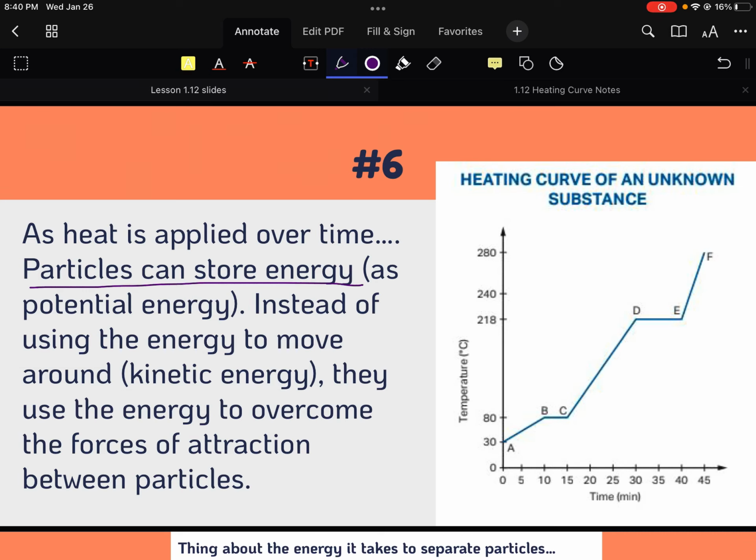And instead of using that stored energy to move around faster, it's using that energy to actually overcome those forces of attraction. Remember, we're starting off with particles that are close together, right? And as we get through our melting phase, we want to start seeing those particles spread out a little bit. So we want to break up those forces of attraction between our particles. And the way that we do that is by the energy being applied here.